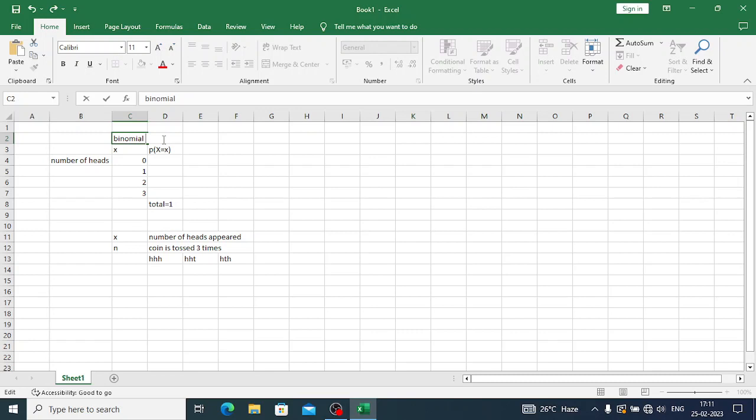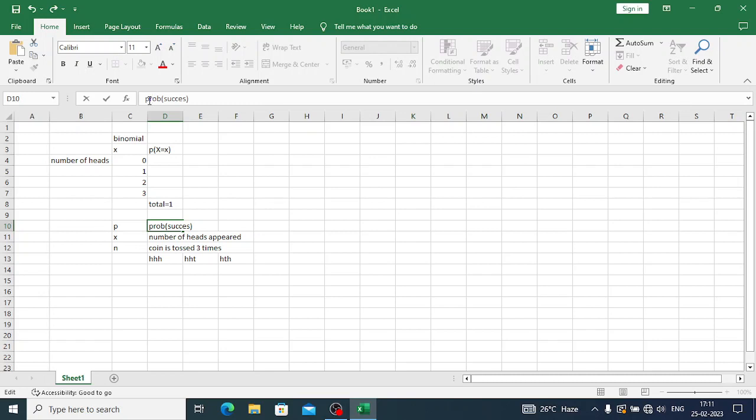Then p is the probability of success at 1 time. So you have to define it here. If I am tossing a coin, there is 50% chance for head and 50% chance for tail.